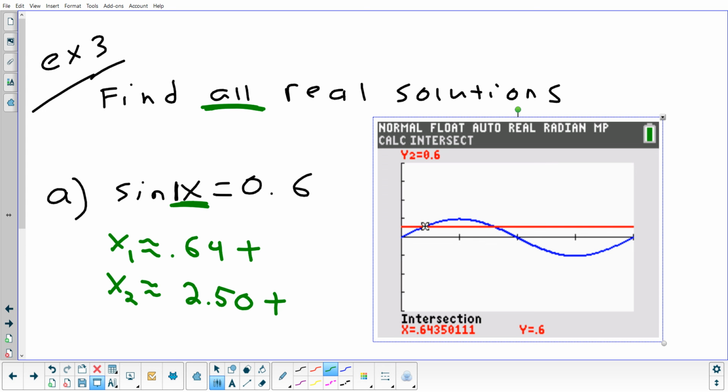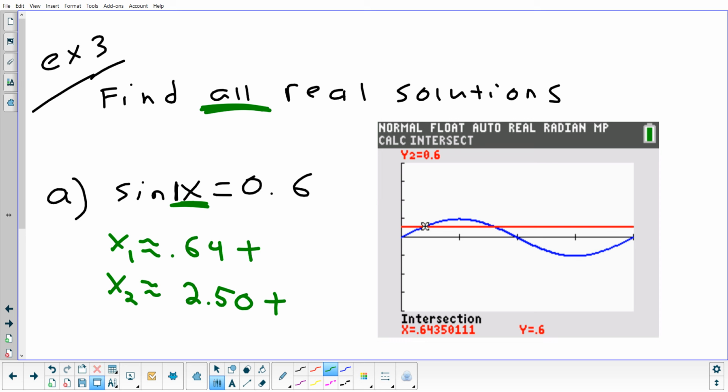If you stop there, all you've done is tell me 2 answers to this problem. You haven't given me every single answer that there is. And there's infinitely many, so you can't write every one of them down, so we have to put something on the end of this.